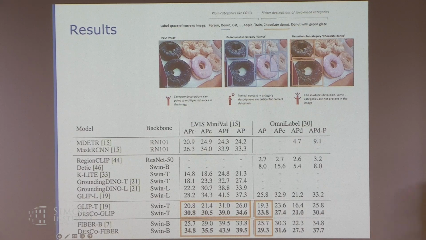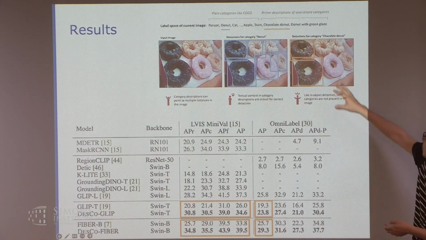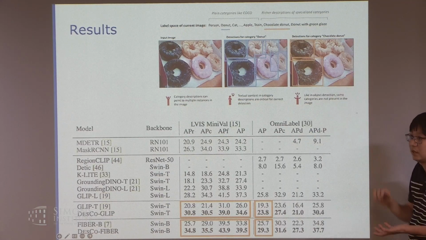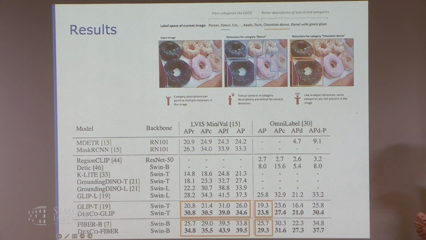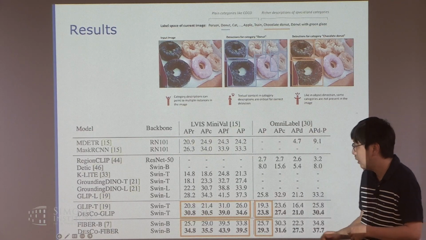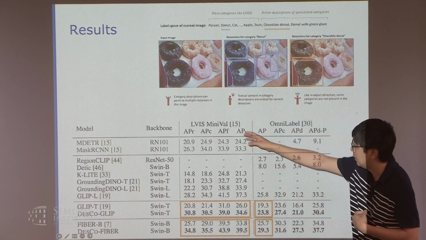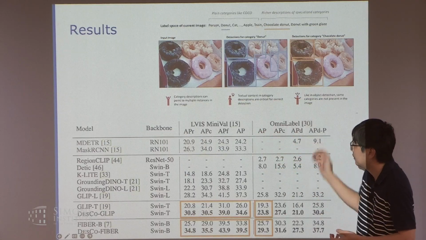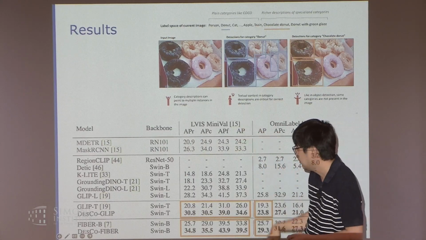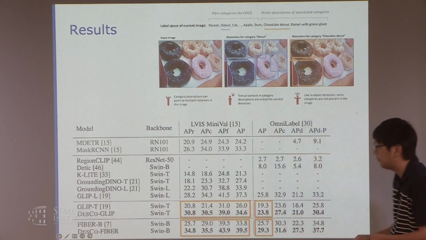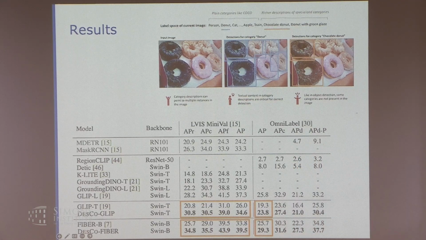In that one, most of the other vision language models don't do well because they may recognize all the donuts, not just the chocolate one. The model needs to really look at the specification and find the particular one we mentioned. With the base model, you get something like this average precision and a bunch of different metrics. But you can see that description fine-tuning can improve the performance by more than 10%. And there is still a gap to 100%, so there is still a lot we can do here.